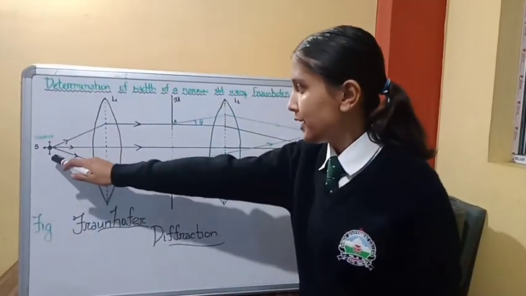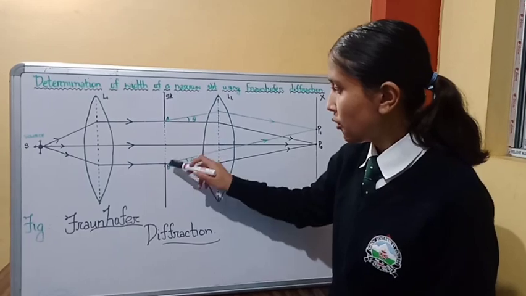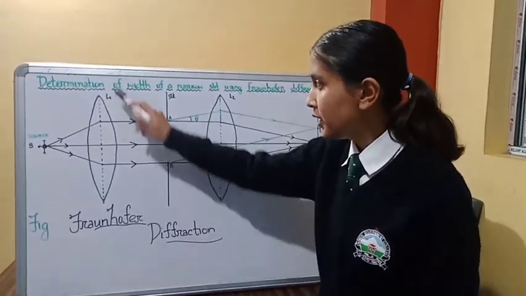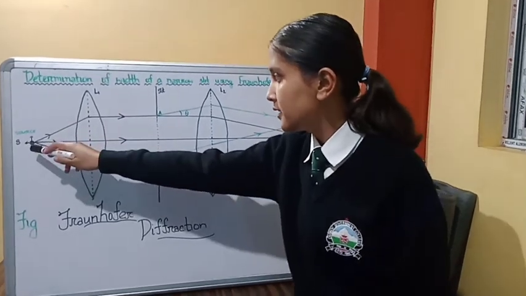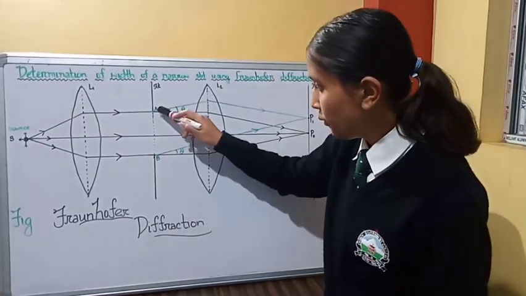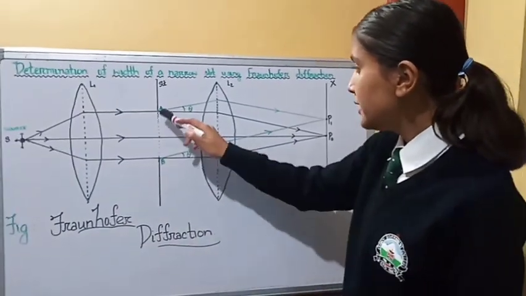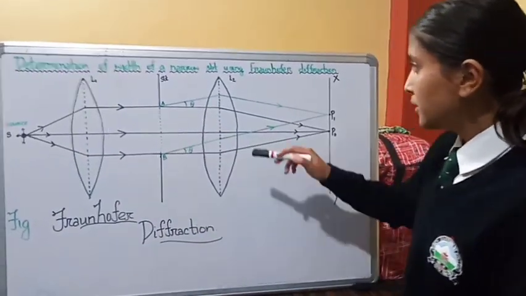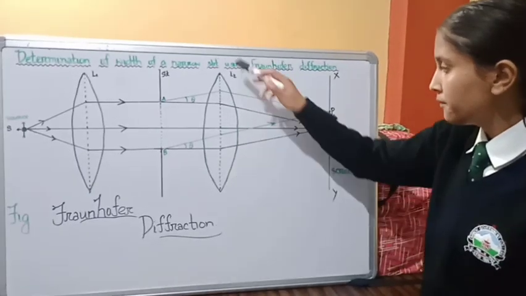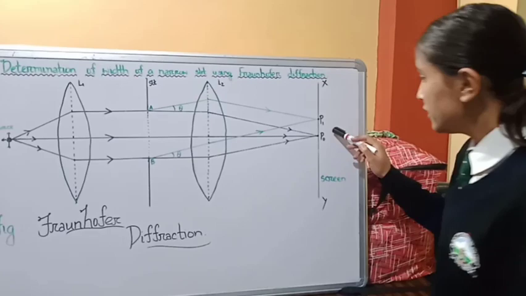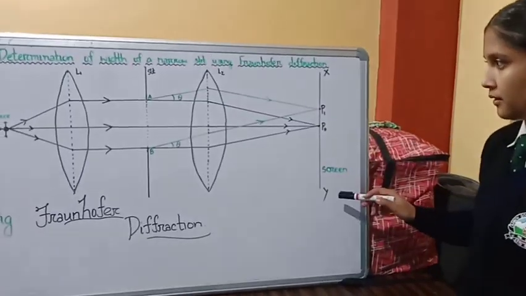So to make the light rays reach the two points of the slit, I have placed a lens L1 which will converge the light coming from the source to two points A and B of the slit. Now, from points A and B, the light rays will reach lens L2, which will converge the light rays to point P0 on the screen.